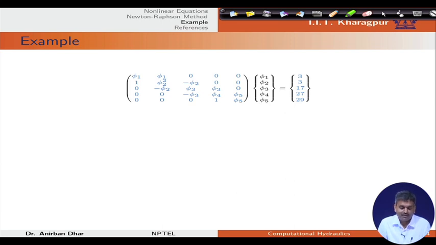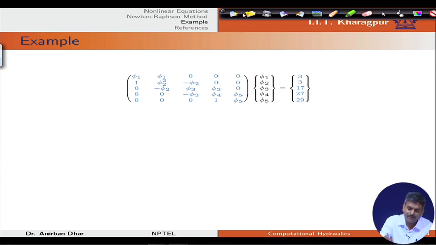Now, the example is that we can multiply this phi with this particular matrix, which is the A matrix. This is with variable coefficients, not constant coefficients, because phi 1, phi 2, phi 3 are included in the coefficient matrix.